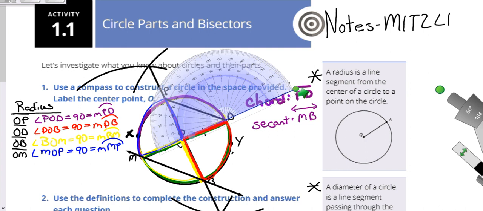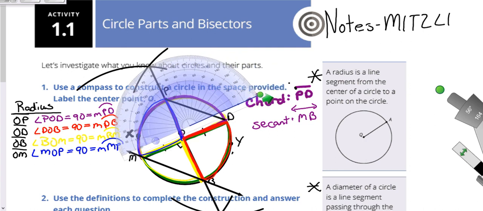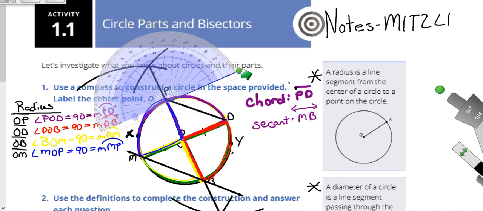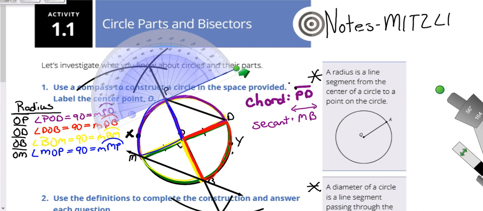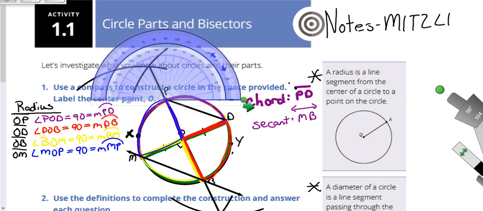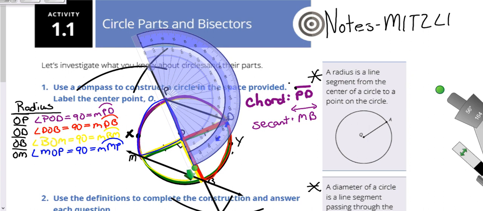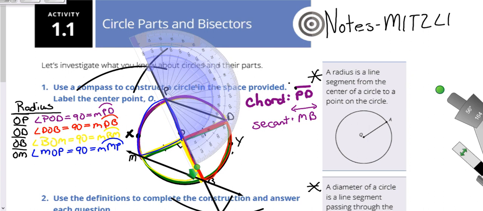So let me try something here. We're going to put it up on this one here, and we're going to rotate it right here like this, and then we're going to measure. It's kind of hard to see, but it's about right at a 45-degree angle.